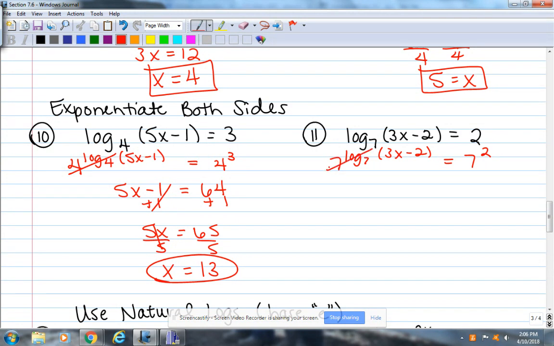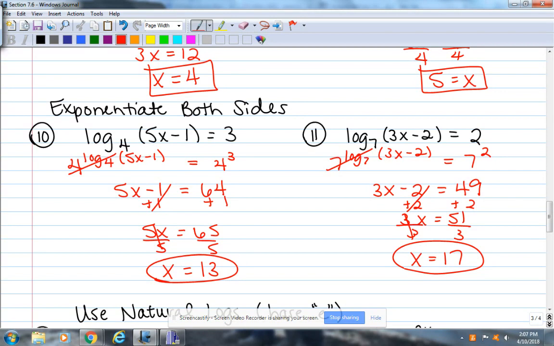Cancels out. So then 3x minus 2 equals what? What's 7 squared? 49. How do I solve that for x? Add 2. So 3x equals 51, and then I divide by 3, and x equals 17.